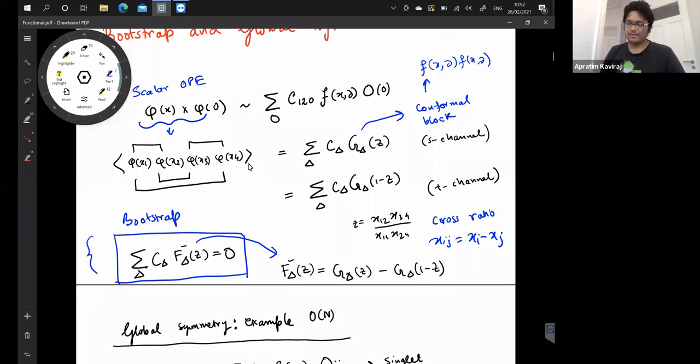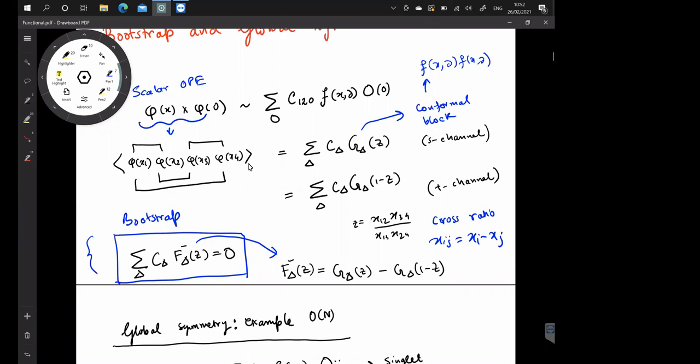You can have some extra conditions, like the theory may be unitary, and unitarity would imply positivity of OPE coefficients, but you know nothing else. So the C delta and delta are all unknown, and you have to solve the bootstrap equation in order to constrain the OPE coefficients C delta and conformal dimensions delta. Okay, thanks.